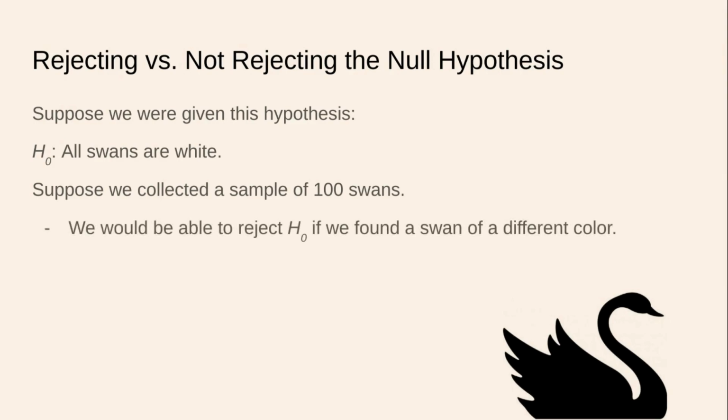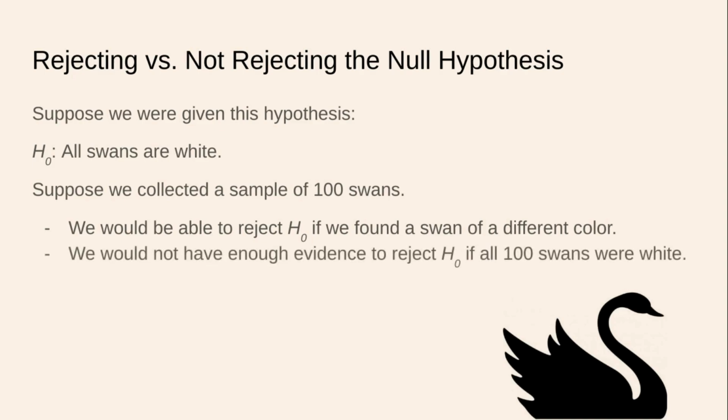We would be able to reject the null hypothesis if we found a swan of a different color, like this black swan at the bottom right side of your screen, or a blue swan, or a purple swan, or a red swan, or a green swan, or a swan of a color that has not yet been identified. We would be able to reject the null hypothesis because we'd be able to definitively say, no, not all swans are white.